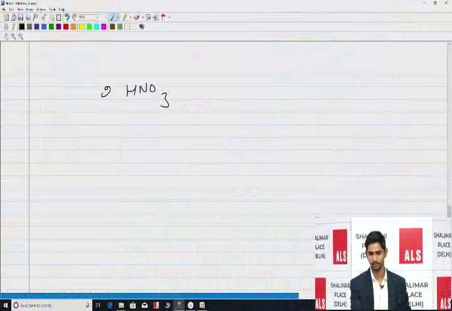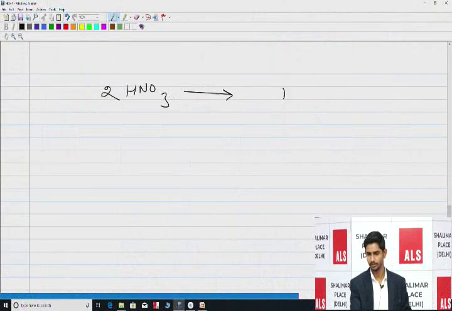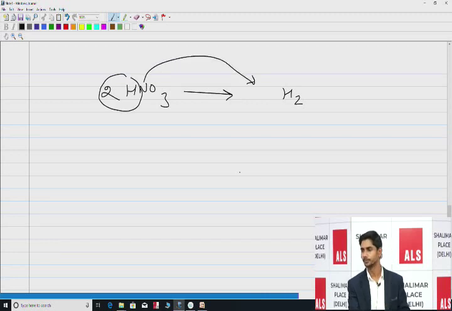See, this HNO3, these two hydrogens are converting into H2. Actually, what's happening is that this HNO3 provides you nascent oxygen as well, this oxygen. This HNO3 is being dissociated over there, giving H2.